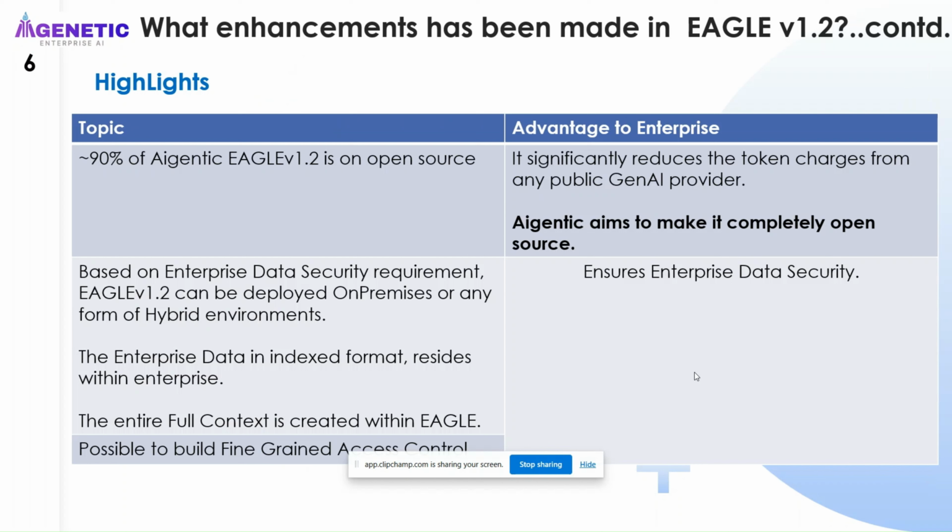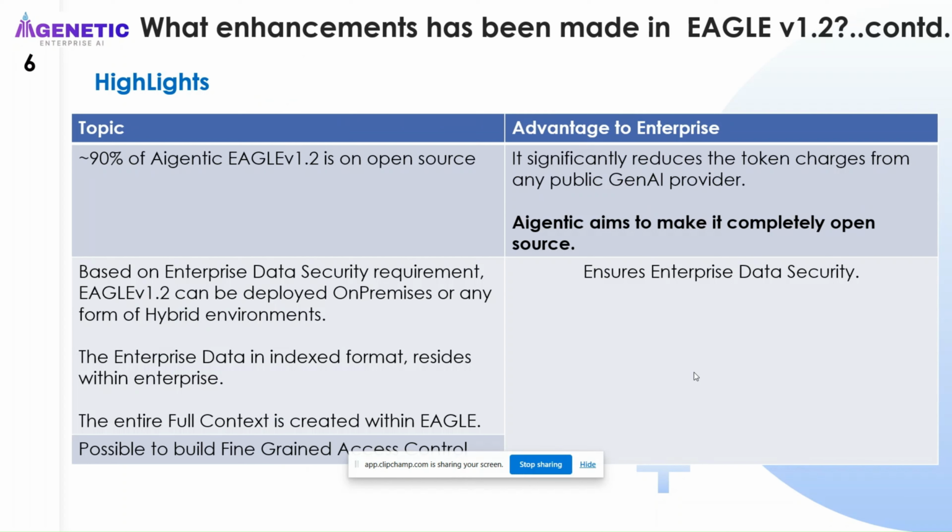In order to improve the quality of the response, the number of tokens keeps on increasing, and if we can open source it, the overall token charges can be optimized. On top of that, we have seen how to bring down the token charges to the bare minimum, and Agentic aims in the next few months to go completely open source.